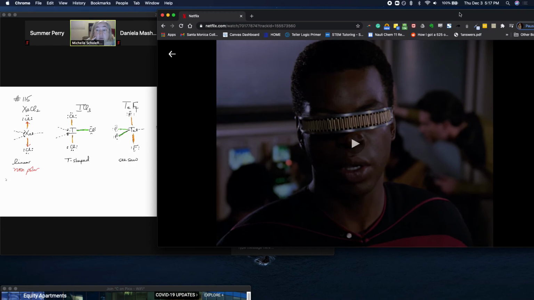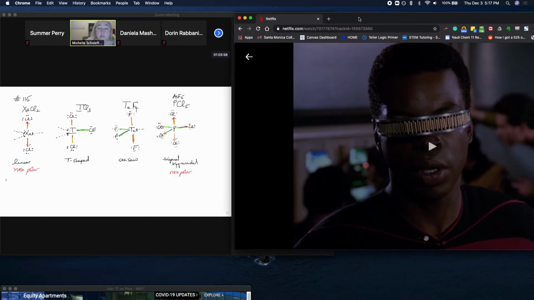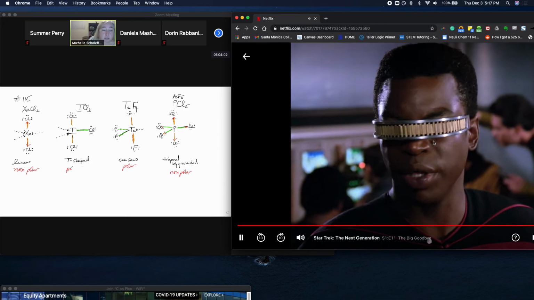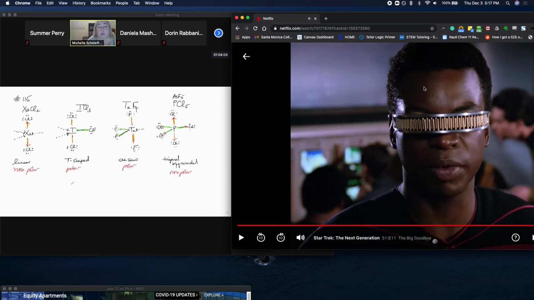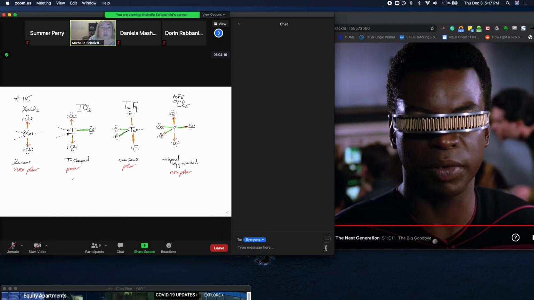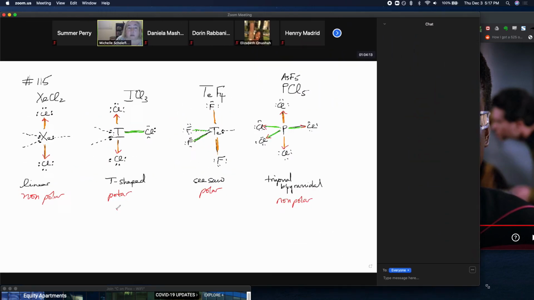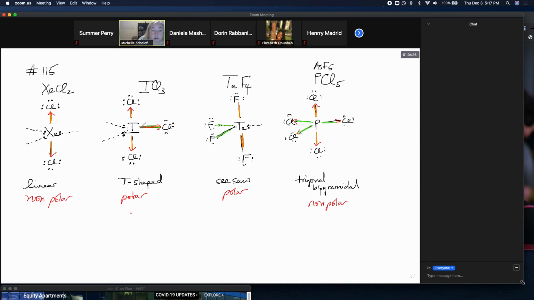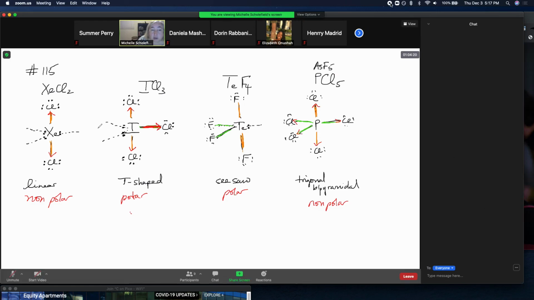So both of these structures are non-polar. However, the other 2 structures are polar, because the bond polarities do not cancel out. In the case of ICl3, this bond polarity cancels this bond polarity. But is there anything canceling out this bond polarity here? No, there's nothing in the opposite direction.